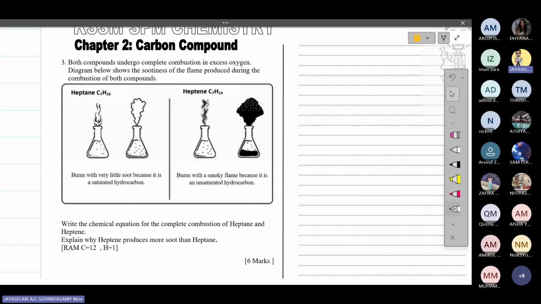Paper, so must remember. Okay, we do together. Both compounds undergo complete combustion. One is heptane. Heptane belongs to what homologous series? You put alkane. One more, heptene, belongs to what homologous series? You put alkene. Got it?